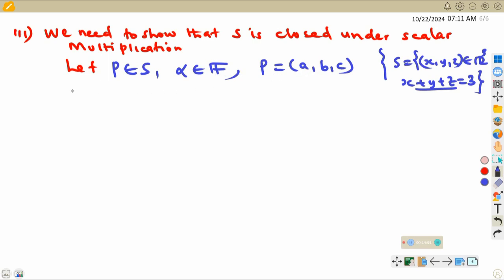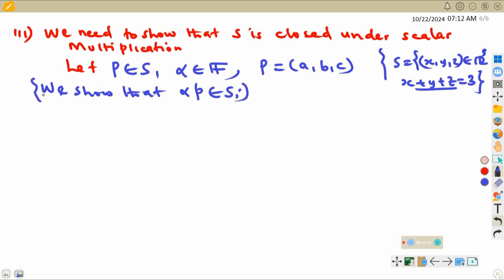What is our interest? We need to show that alpha P is an element of S. This is our main interest.